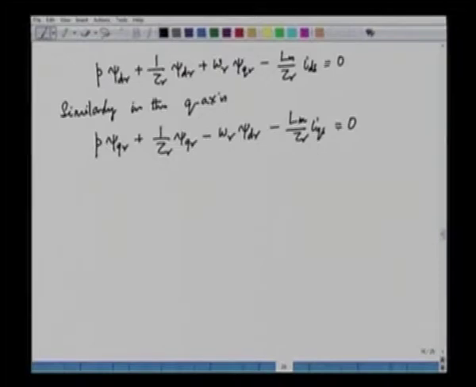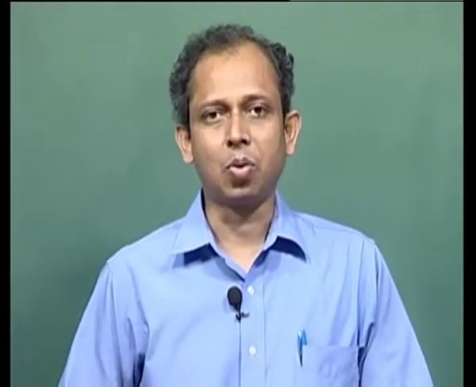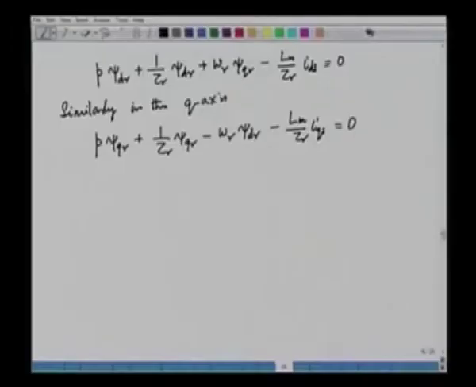So, these two equations will help us estimate the rotor fluxes, psi dr and psi qr, in the two axes respectively. This requires a little bit of readjustment. If we do a small readjustment here, we will get this equation in the following fashion: P psi dr.